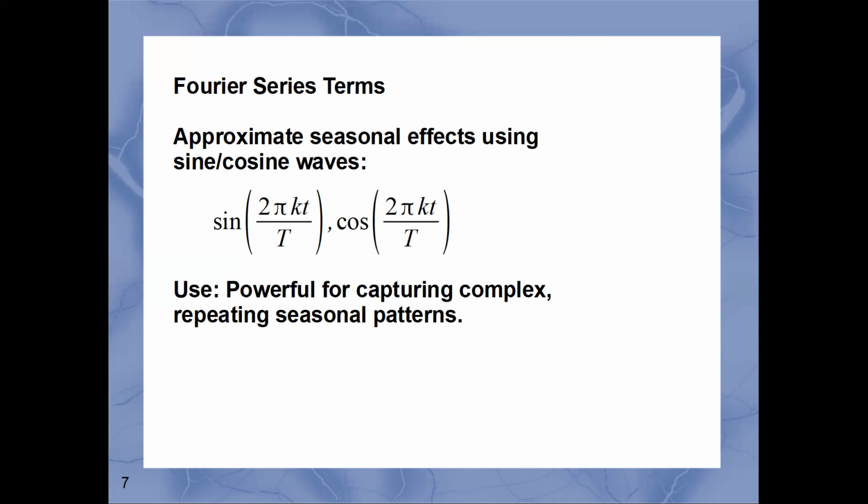It doesn't actually come out to be a sine wave, but it's close enough that we can make predictions using sine or cosine waves. And what we have is the sine of 2 pi k t over the period, where the period is capital T.